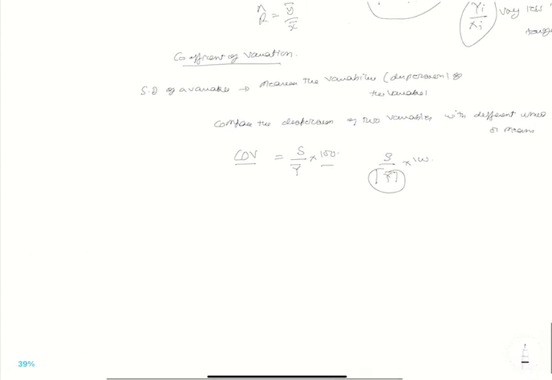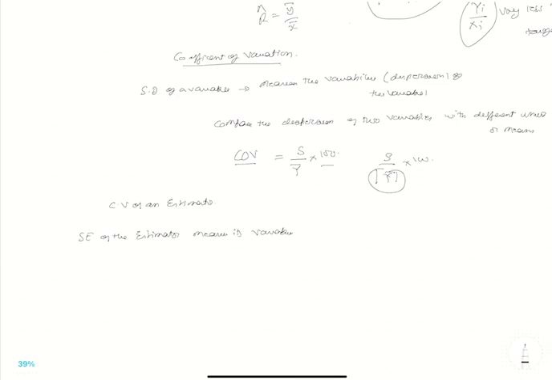The next thing is, what is the coefficient of variation of an estimator. So for an estimator, the standard error of the estimator measures its variability, right?